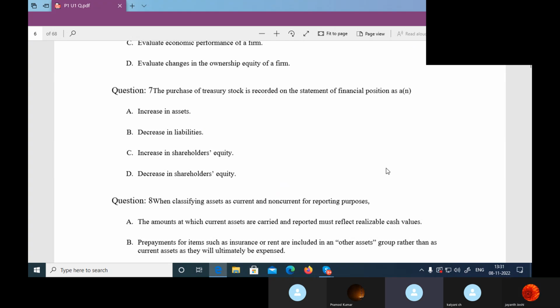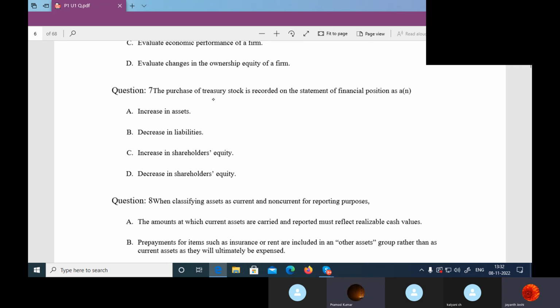Purchase of treasury stock is recorded on the statement of financial position as a decrease in shareholder equity. Increase in assets, sir?